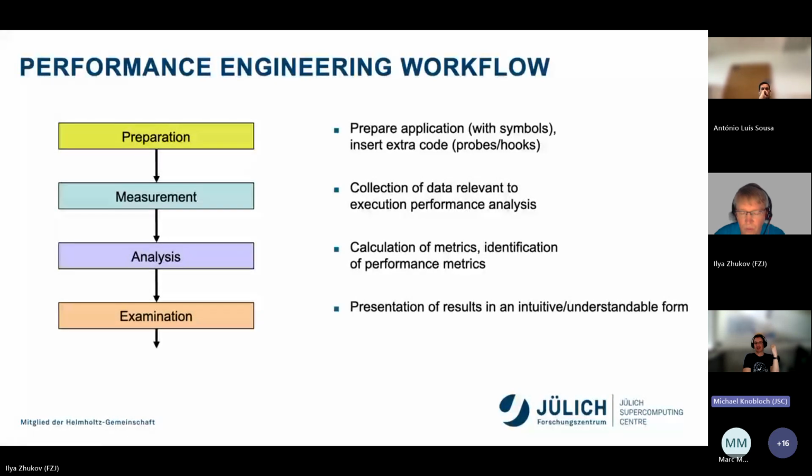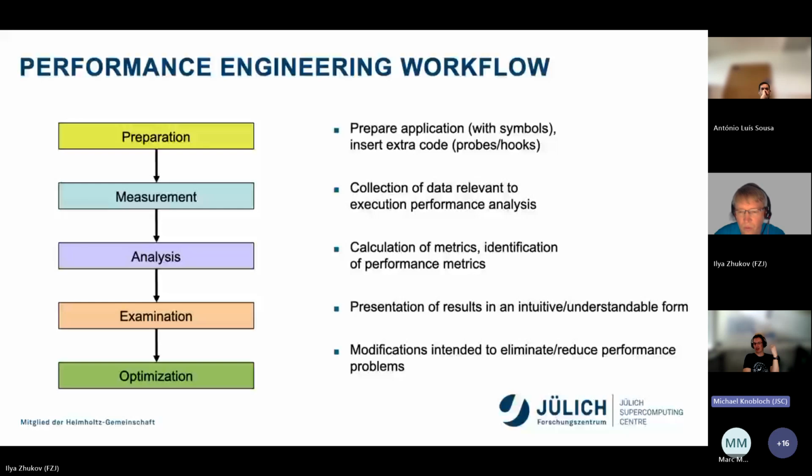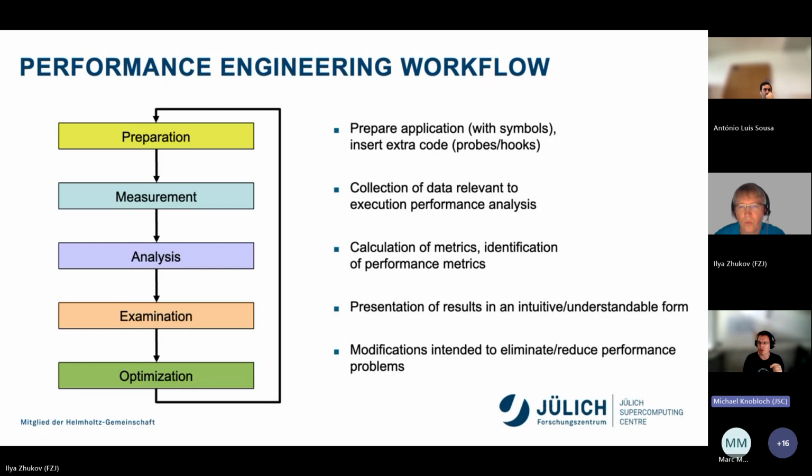And with that, next thing, what you have to do is, of course, optimize your code, right? So you identified your bottleneck, you know what to do, or maybe. Then you have to optimize it: eliminate or reduce the performance problems that you found with the performance analysis you did before. Unfortunately, this is a step where the tools don't help you, right?